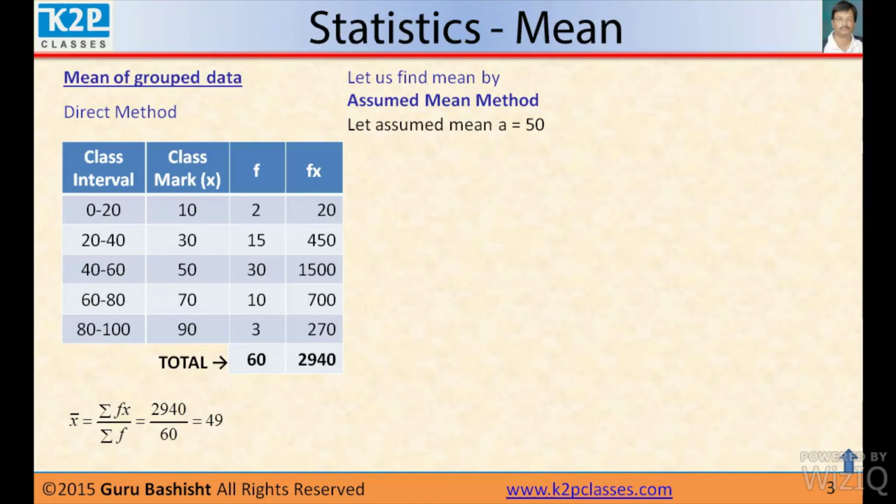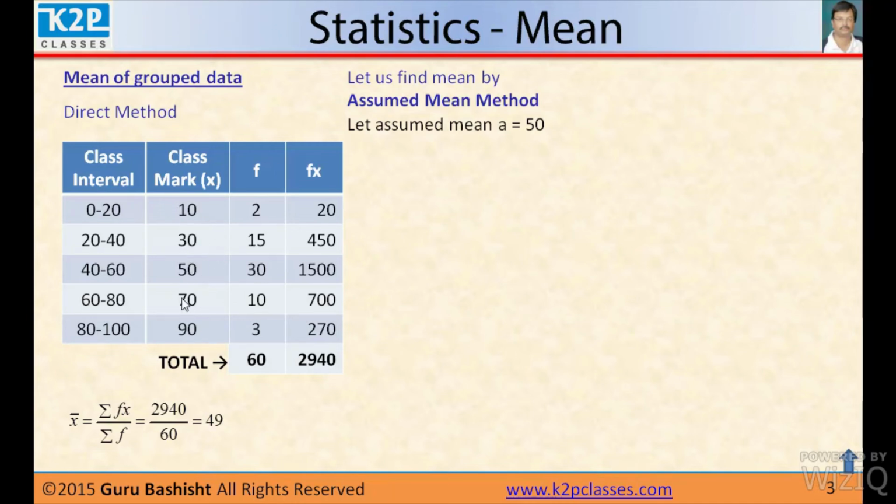Now we will find the mean of the group data using the assumed mean method. So let the assumed mean here be 50. Why are we taking 50? You must ask the question. It is just because it is somewhere in the middle. You can think it is 60 also, or 90, or 10.